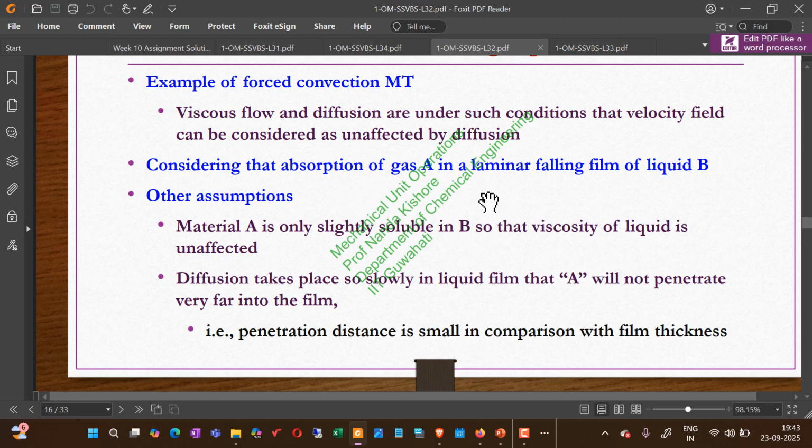Consider the absorption of gas A in a laminar falling film of liquid B. So B is falling.